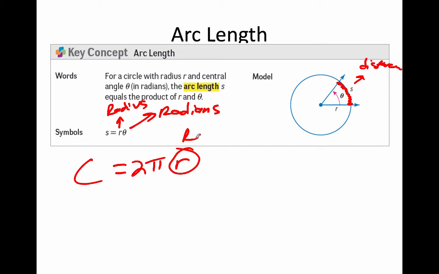That's the radius times the radians. That's exactly what we're doing here. But now we don't have to get a fractional piece of it. We can just take, as long as we are in radians, notice this theta must be in radians, radius times radians, that's the arc length, a piece of a circle.